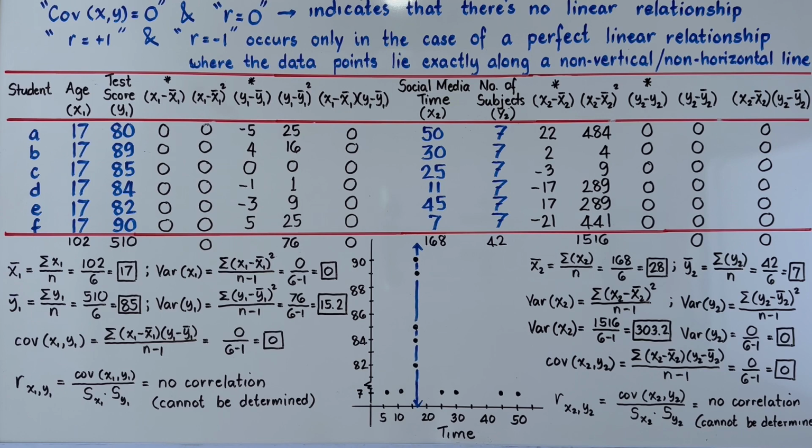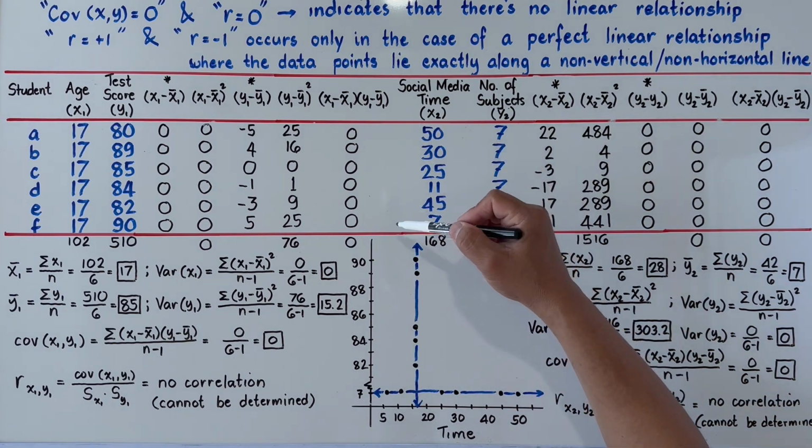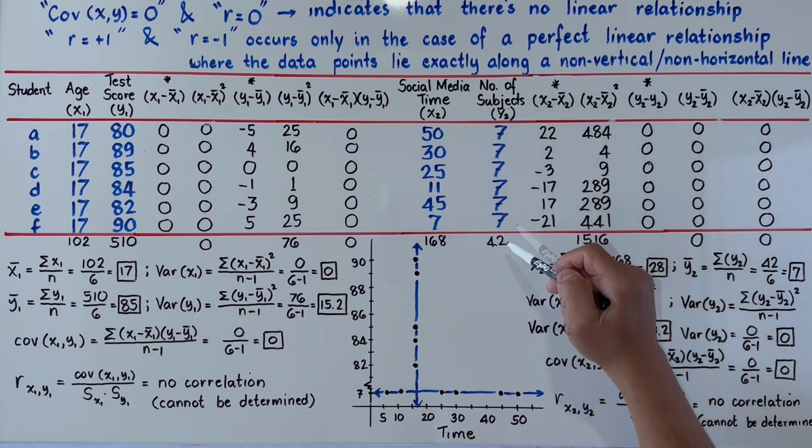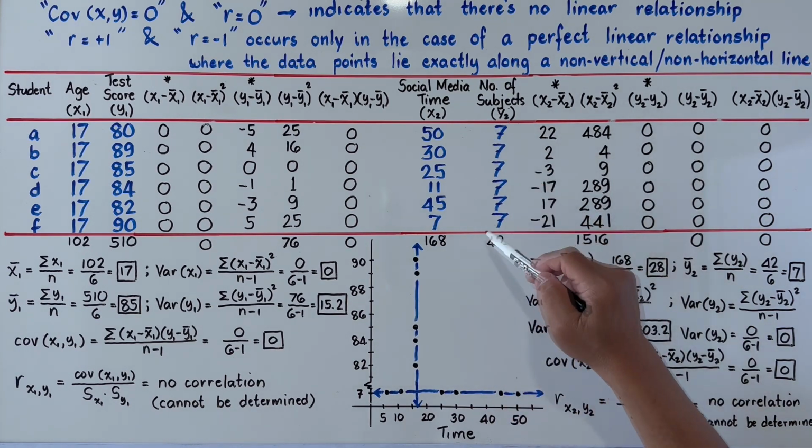And you notice that all the data points fall on a single straight line here. So even if the data points fall on a single straight line, when the straight line is a horizontal line, the two variables are not related to each other because one is constant, the y, the number of subjects enrolled. So no matter what time you spend in social media, it does not co-vary with the number of subjects enrolled, because the number of subjects here is constant.